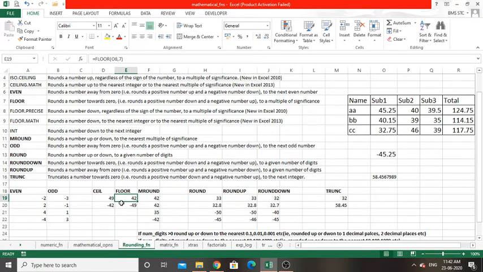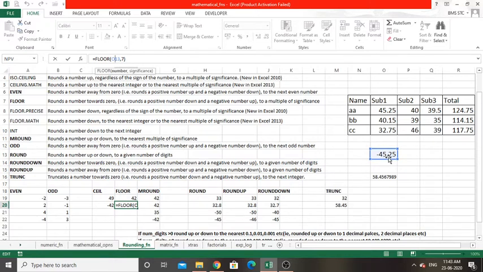So listen: ceil will consider only a number which is greater than the passed argument, and floor will consider only a number which is less than the passed number, and both will consider a multiple of the second argument. What about the next one? We perform the floor function on negative 45.25.